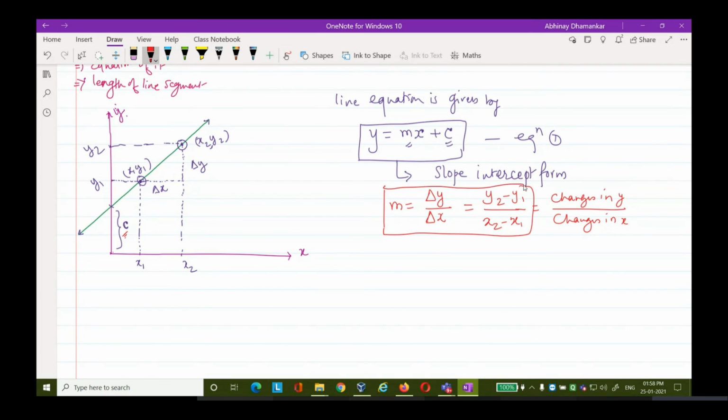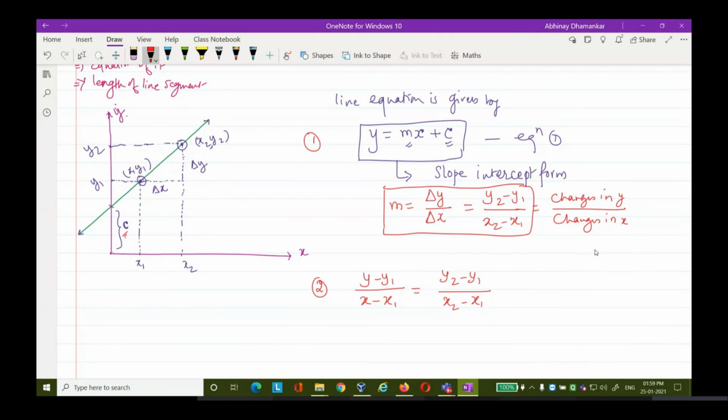There is another formula available. This is the first form, the slope intercept form. The second form is (y minus y1) upon (x minus x1) is equal to (y2 minus y1) divided by (x2 minus x1).